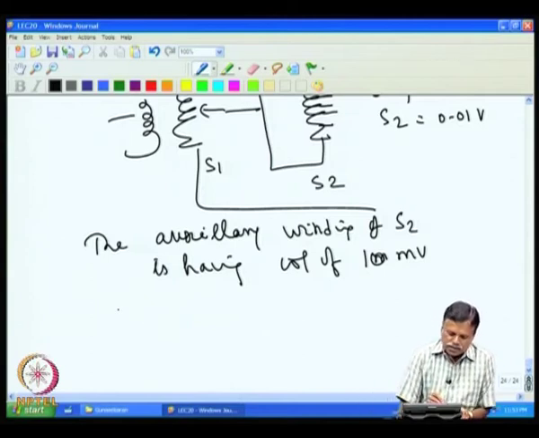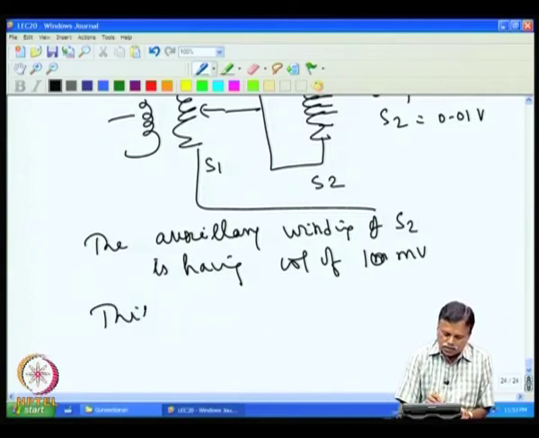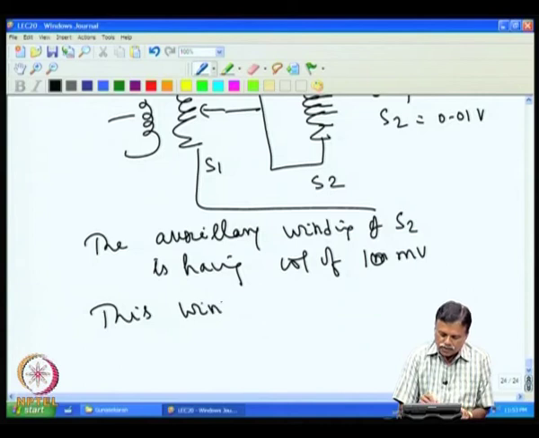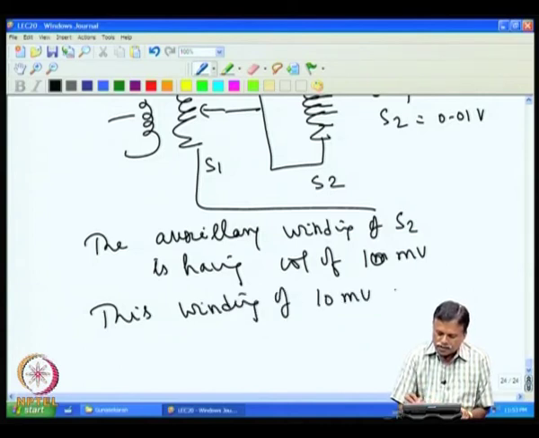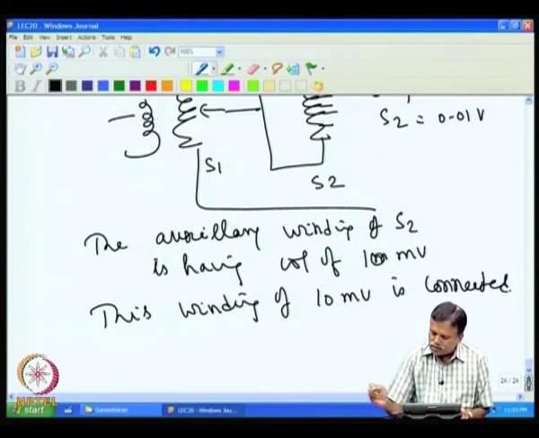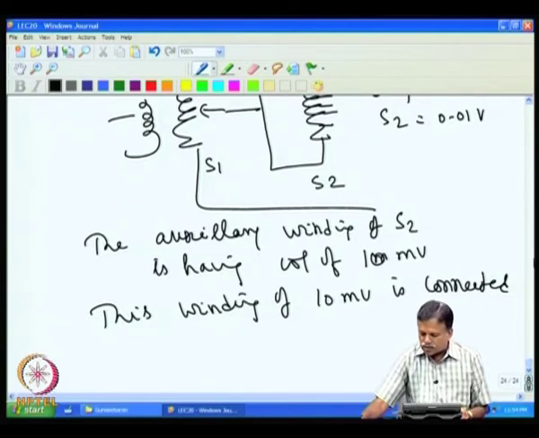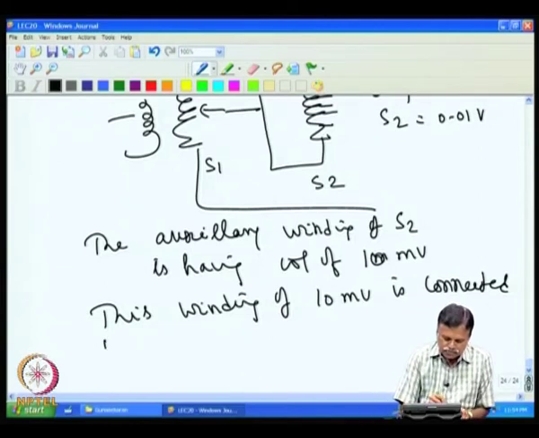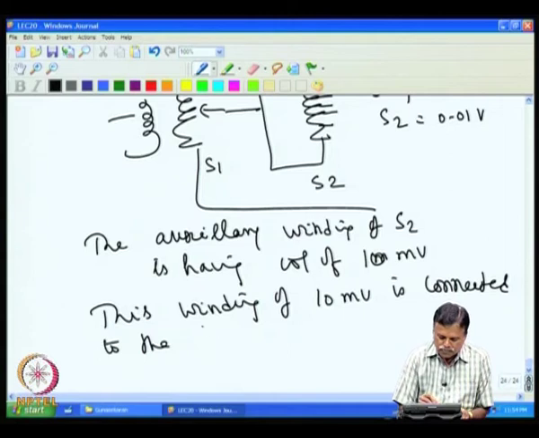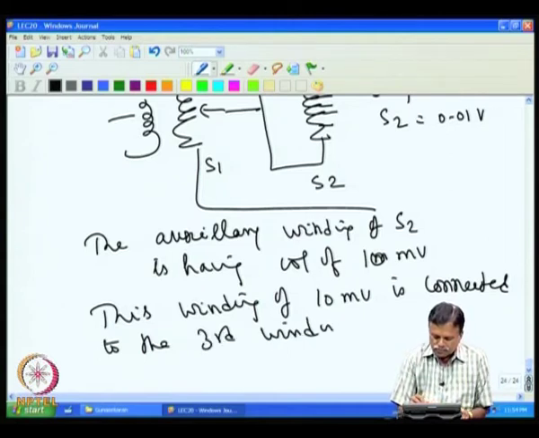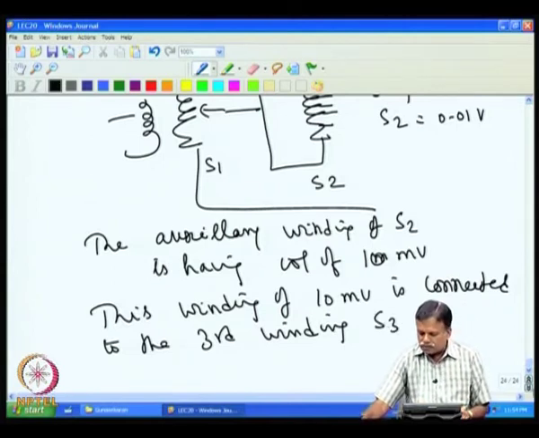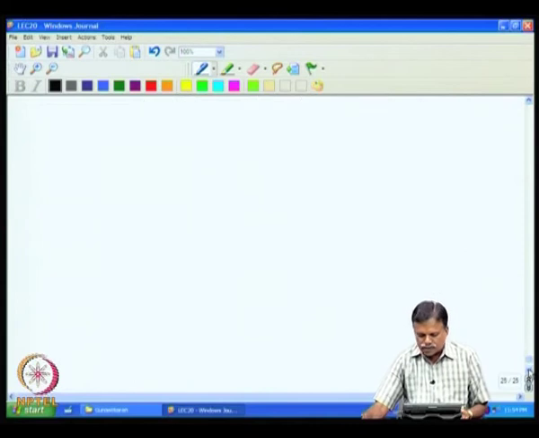This winding of 10 millivolt is connected to the third winding S3. So, essentially we have three windings.